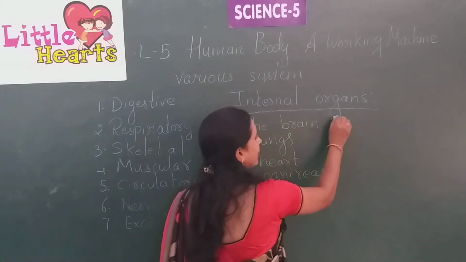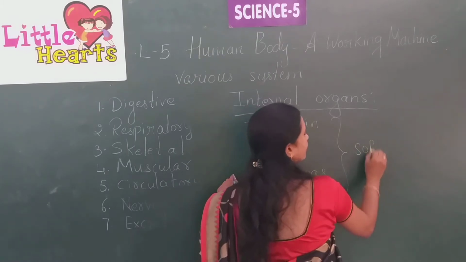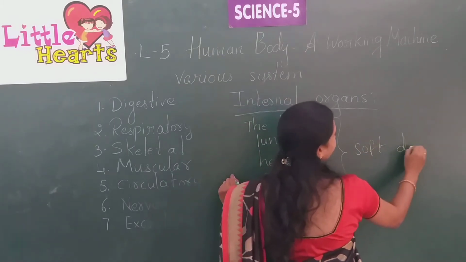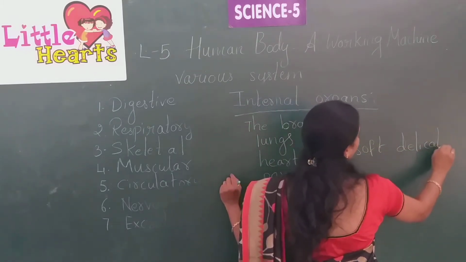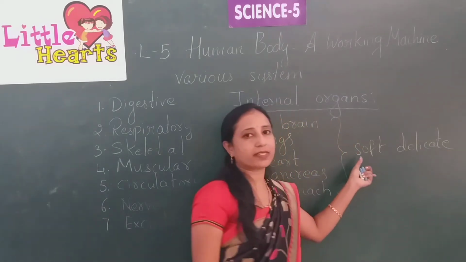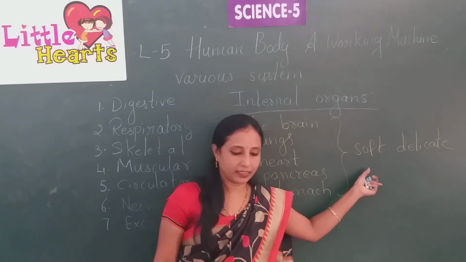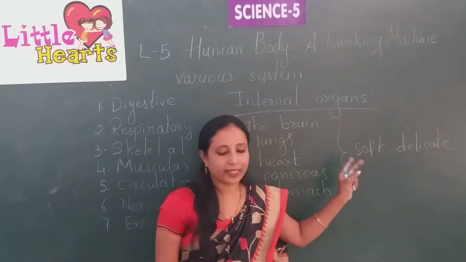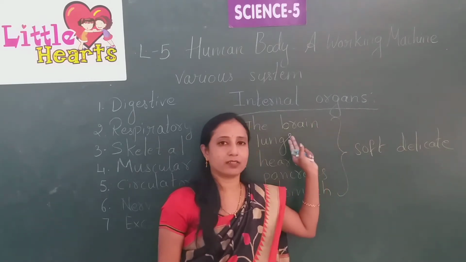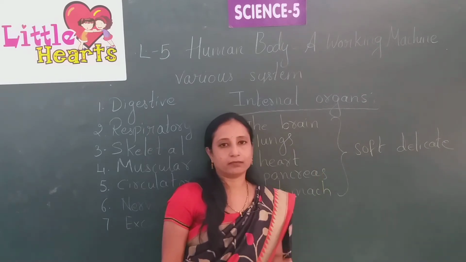All these organs are very soft and delicate. They are soft and delicate because they are made up of muscle fibers only and no bones, isn't it? So they are protected by bones and skin.